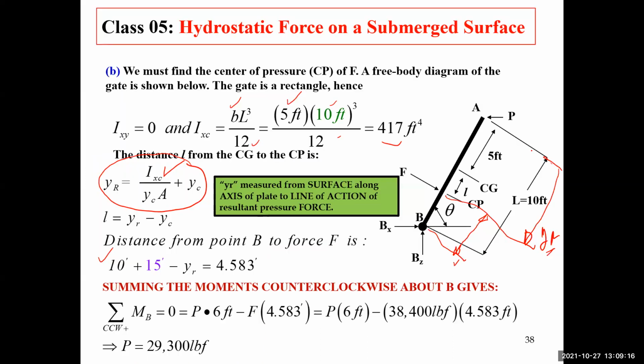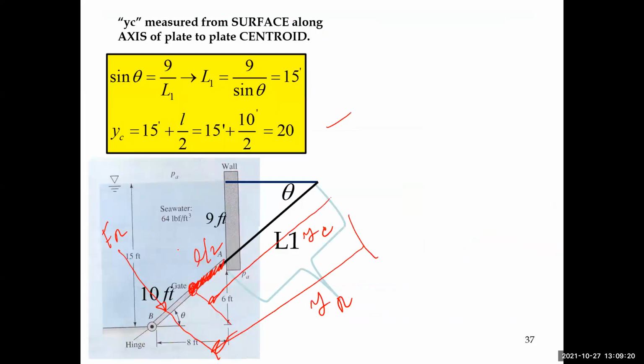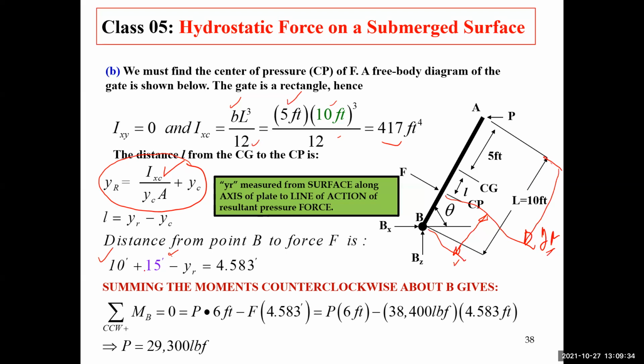So we have 10 feet plus 15 feet. I'm looking at the total distance from the surface itself, which would be 10 feet plus 15 feet minus y sub r. That would be the distance between the line of action of the force and the point of rotation itself.